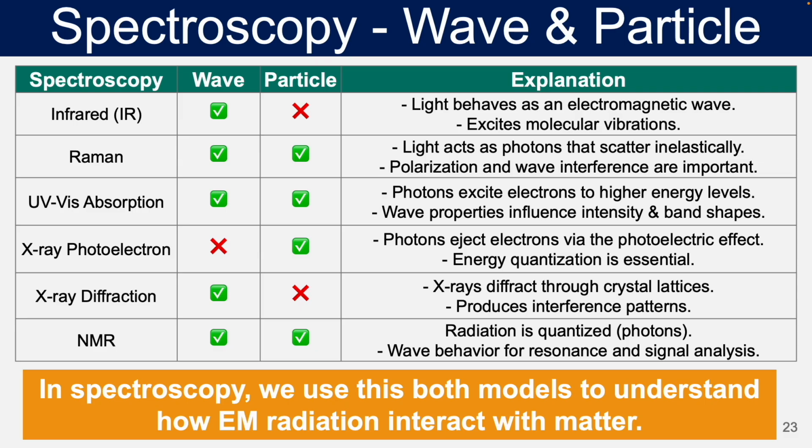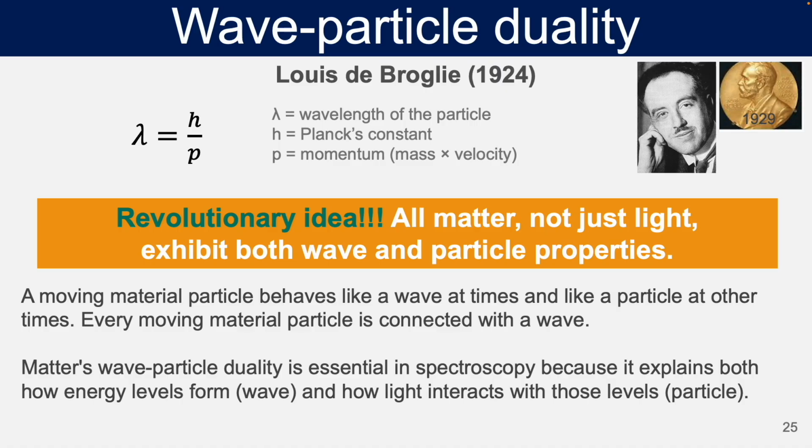Interference patterns come from waves diffracting through a crystal lattice. NMR spectroscopy, both again. The photons are quantized, but resonance and signal analysis rely strongly on wave behavior. So you see, spectroscopy forces us to be bilingual, fluent in both the wave language and the particle language of light.